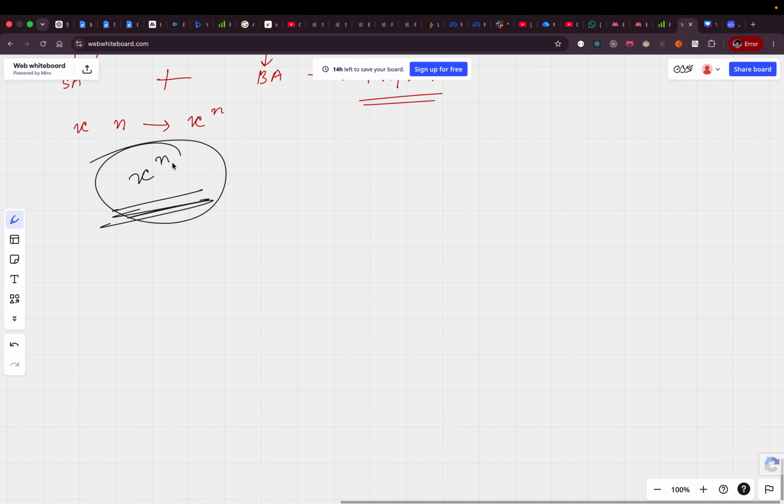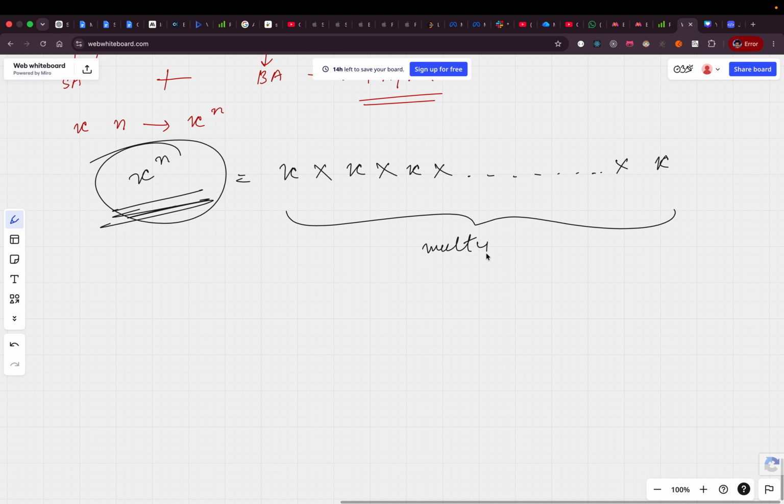So what does x power n mean? X power n means x getting multiplied n times. So this is nothing but x getting multiplied n times, isn't it?